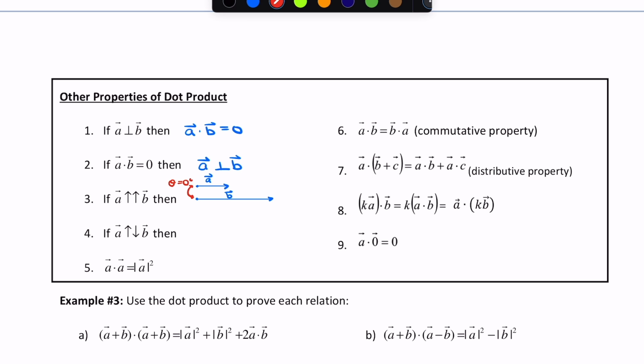So since theta is equal to 0 degrees, cos 0 is equal to 1. And here the dot product of vector A and vector B is equal to the magnitude of A times the magnitude of B. Because again, cos theta in this situation, cos 0, will be equal to 1.